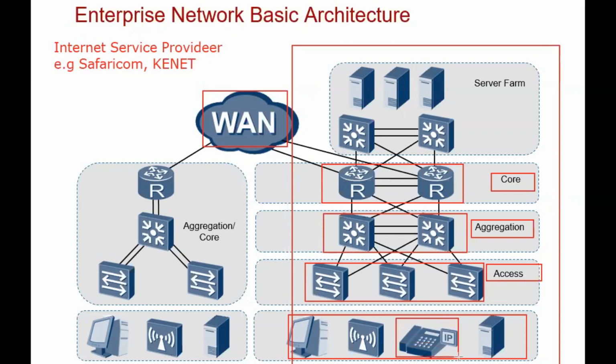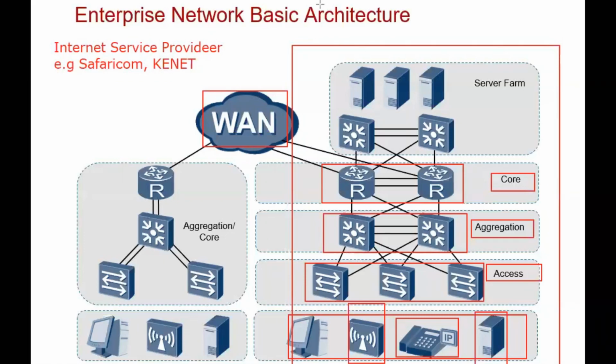Most enterprises are using IP phones. It can be a server, it can be your email server, and it can also be your wireless access point. And this wireless access point can connect many other access devices to your network.